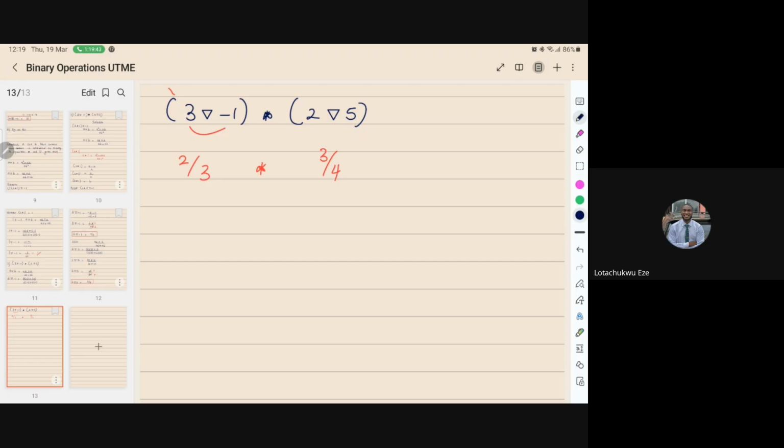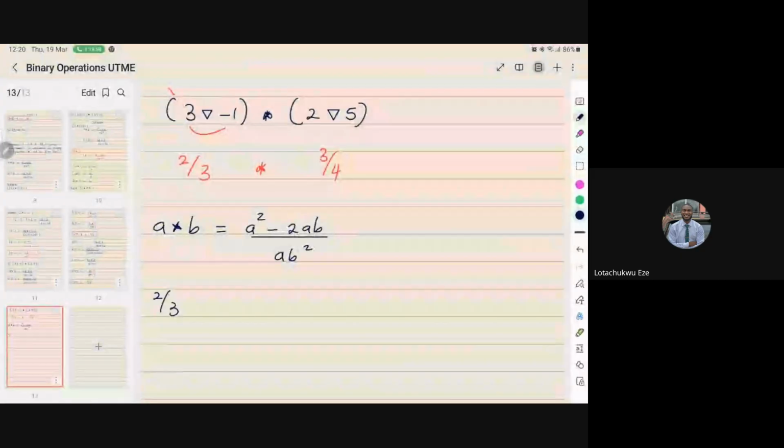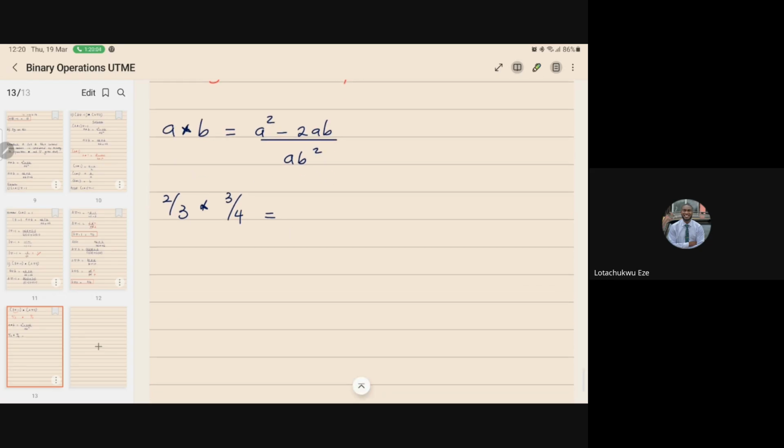Now, remember the relationship between A and B, that A asterisk B is equal to A squared minus 2AB all over AB squared. So that 2 over 3 asterisk 3 over 4 will now be equal to, here we're going to play around with fractions.